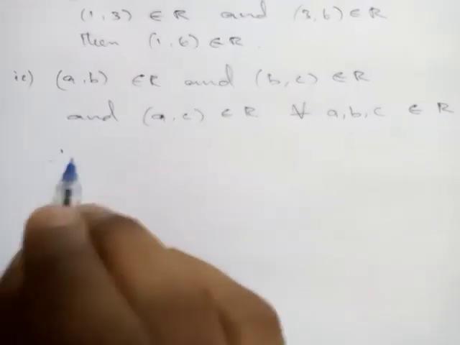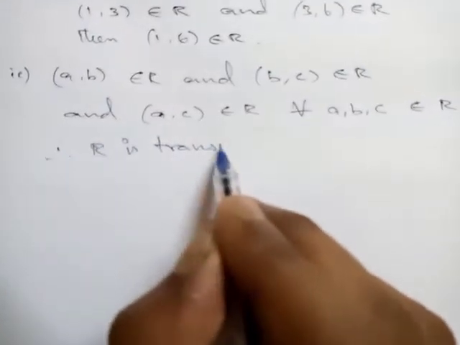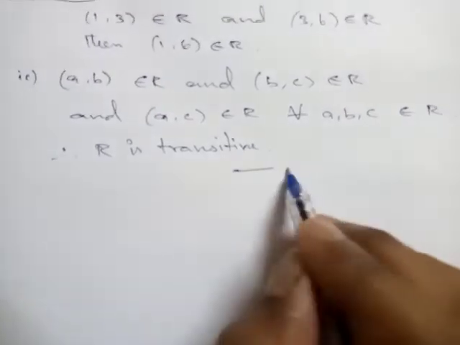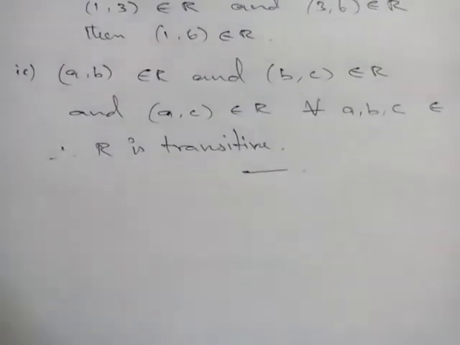Therefore what we can say? R is transitive. That's all.